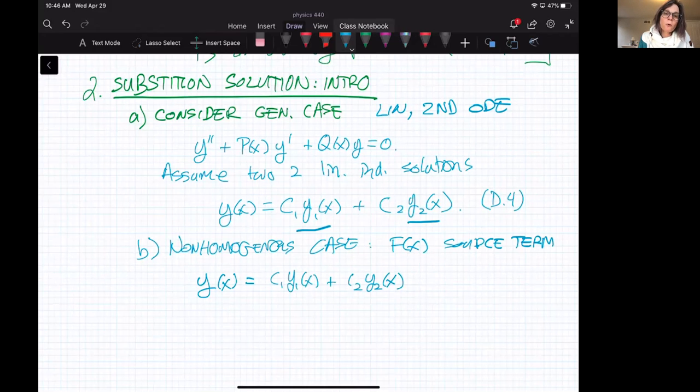So we've seen this before. If we have a homogeneous equation, that is, there's no source term, but then we add a source term, we've done this with forced harmonic oscillators. What's our step once we put in a forcing function?